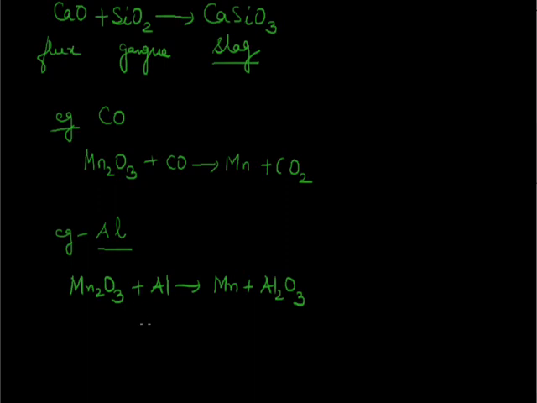Initially, for this reduction, heat is given. But when this process starts, it proceeds, energy is released. That is, it is an exothermic process. And we are using aluminium as a reducing agent. So this process is known as aluminothermy, or simply, thermite process.